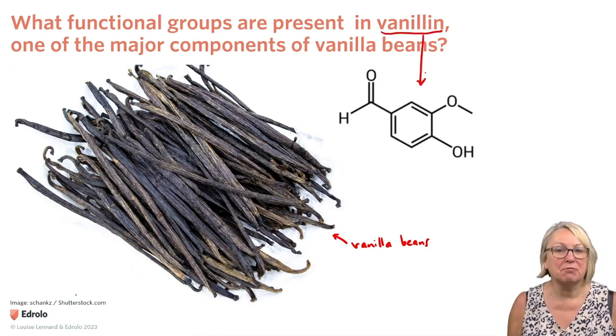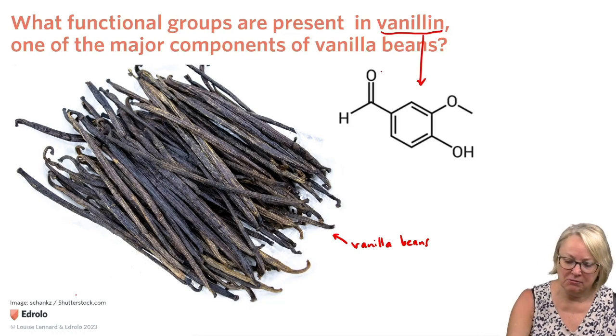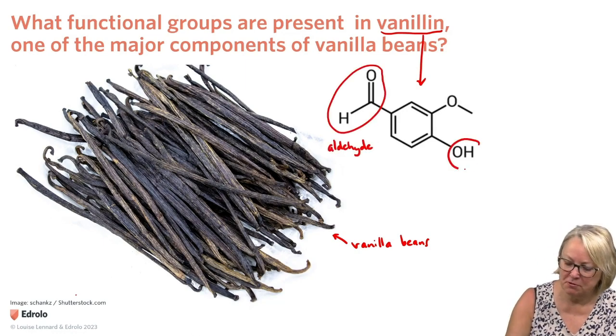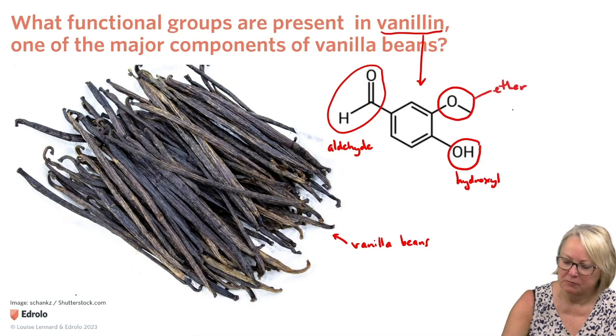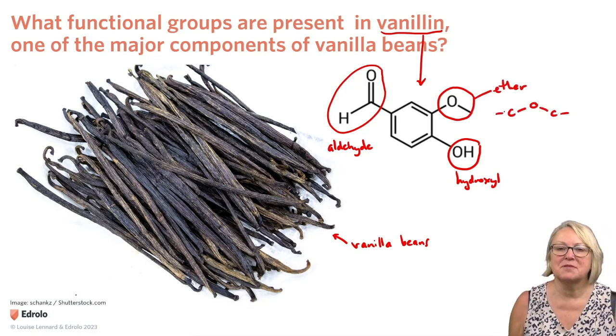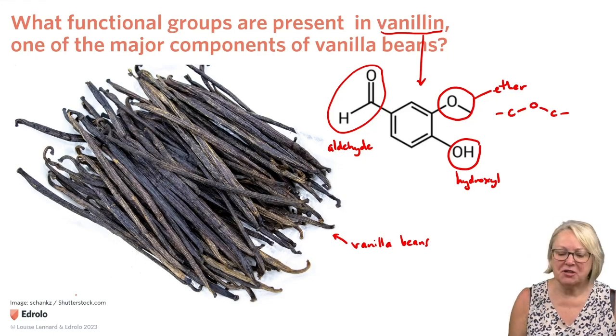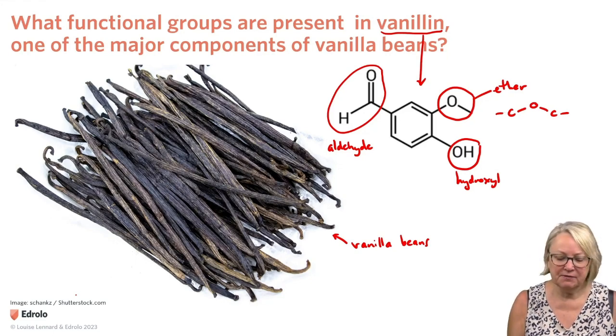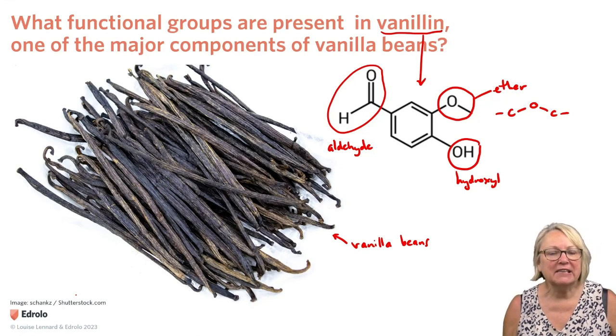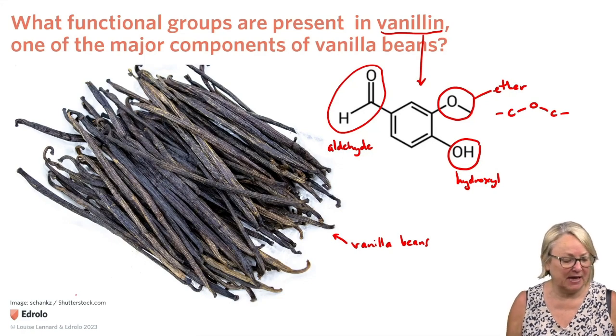It contains three functional groups: an aldehyde group, a hydroxyl group, and an ether group, which is a carbon single bonded to an oxygen and single bonded to another carbon. Vanillin is an organic compound because it contains carbon and it's not a carbonate or carbon dioxide.